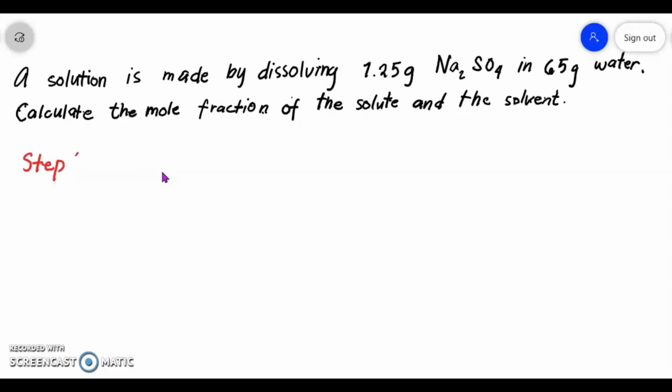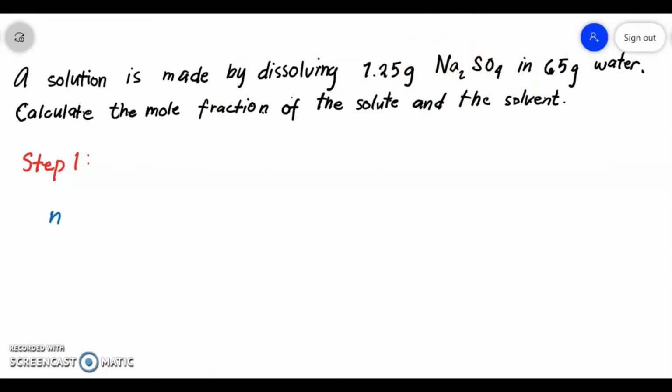Step 1, we will solve for the number of moles of solute. Our solute is the sodium sulfate, Na2SO4.